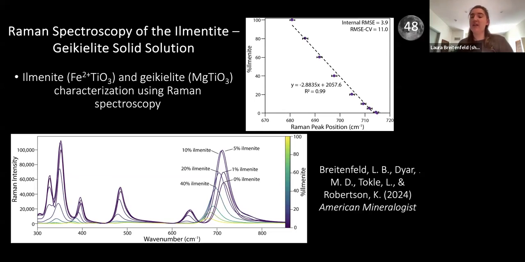And on the upper right hand of the slide, you can see a relationship between the peak position of the Raman feature centered around 700 wavenumbers, and that relationship to the ilmenite percentage or that composition. So we see this clear relationship between the peak position and the ilmenite composition, which can be really useful for determining that ilmenite composition for materials remotely. So this would be useful, again, with lunar samples, but also in a potential future deployment of a Raman spectrometer to the moon.